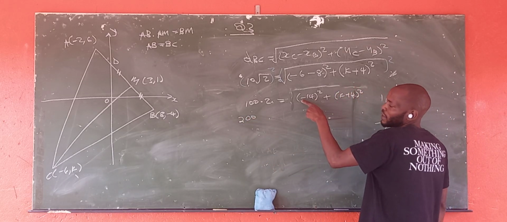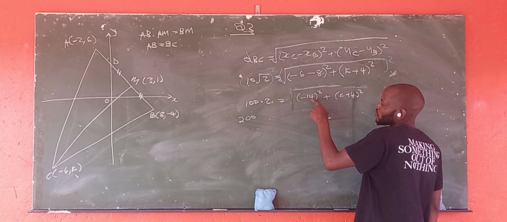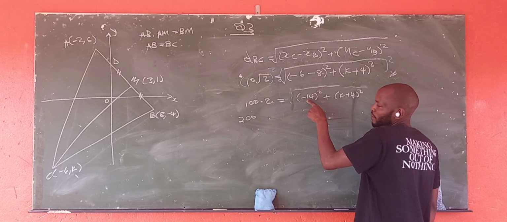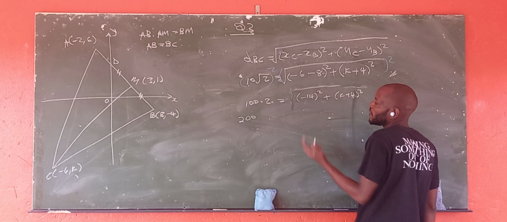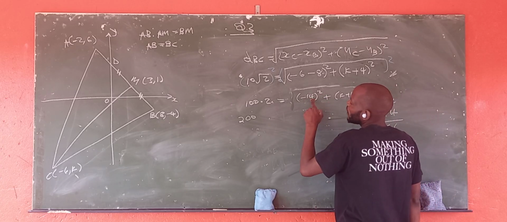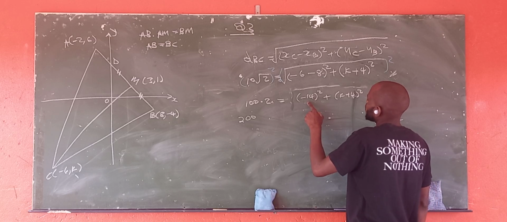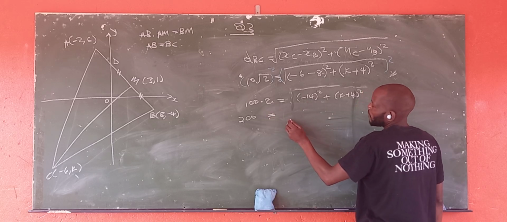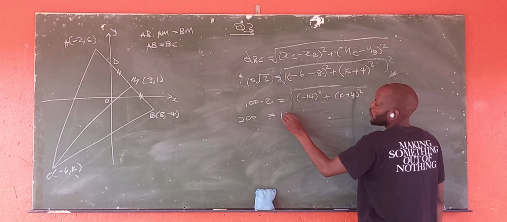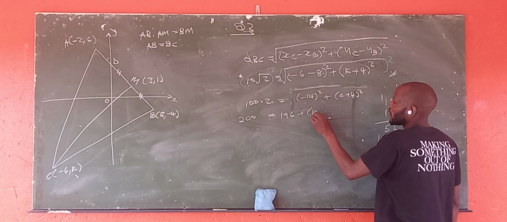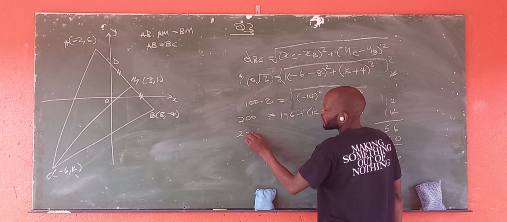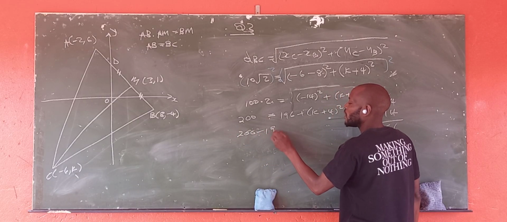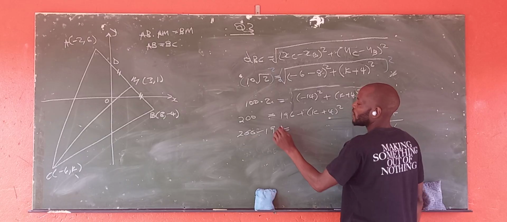Any number squared is positive, so as long as it's squared, any number to an even exponent is positive, so we have positive 196 plus k plus 4 all squared. Then this is equal to 200 minus 196.